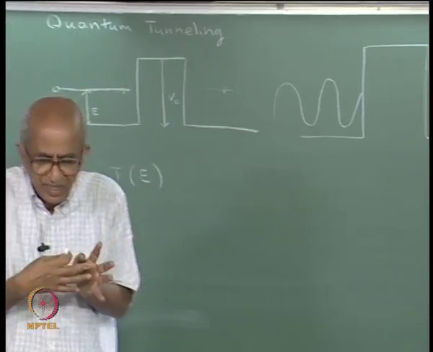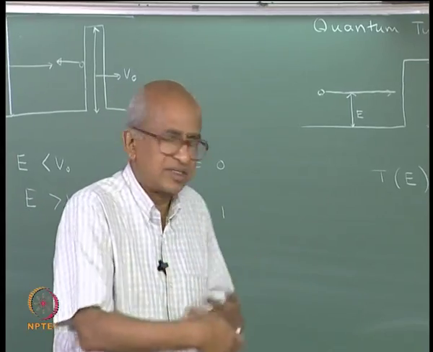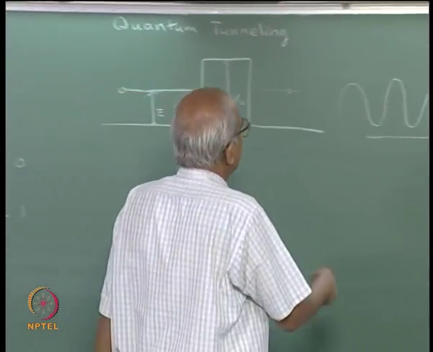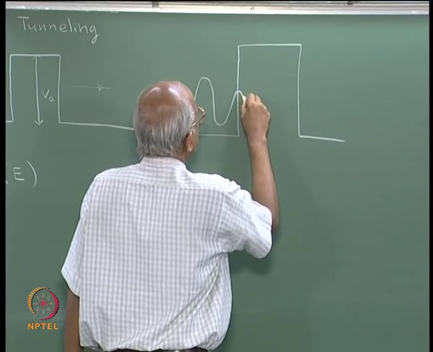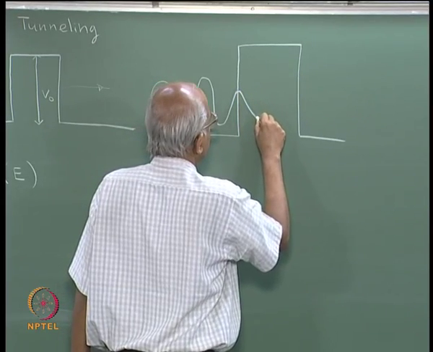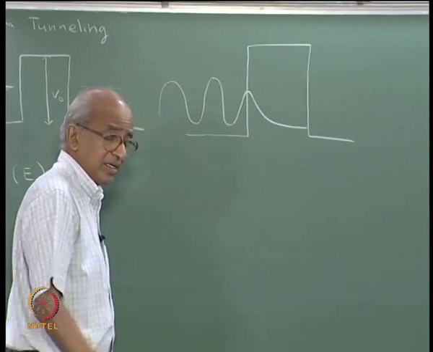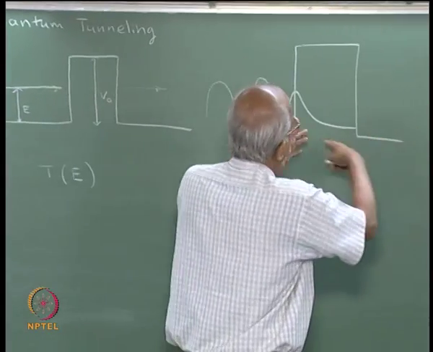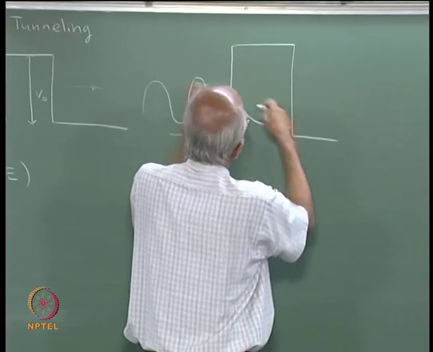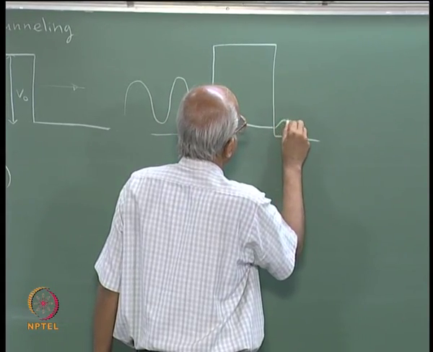And then when it encounters the barrier, actually the wave cannot terminate suddenly. So, the wave actually would continue into the barrier, and in fact, as we will see, the wave decays inside the barrier, and eventually on the other side it is possible for it to come out.